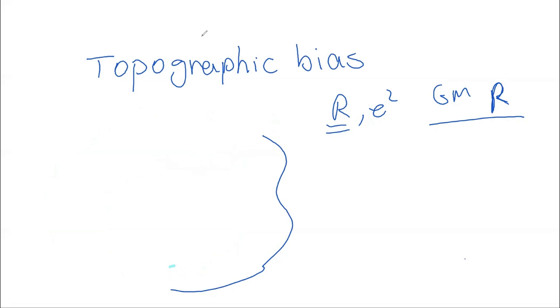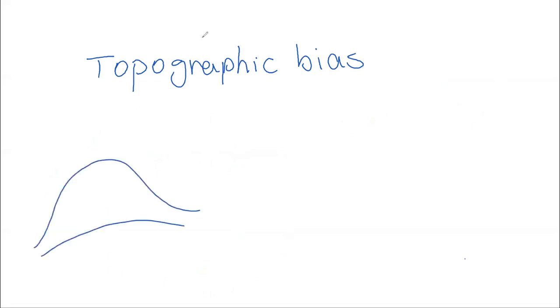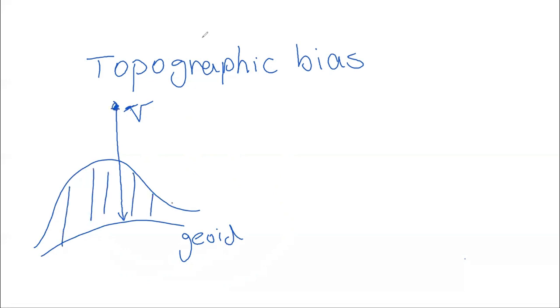So the question is, how can we do so? What is happening here? Now assume that I have the topographic masses here and I have the data. Let's consider the potential, which is easier to discuss with. And it goes down to the geoid. And what is happening in reality?